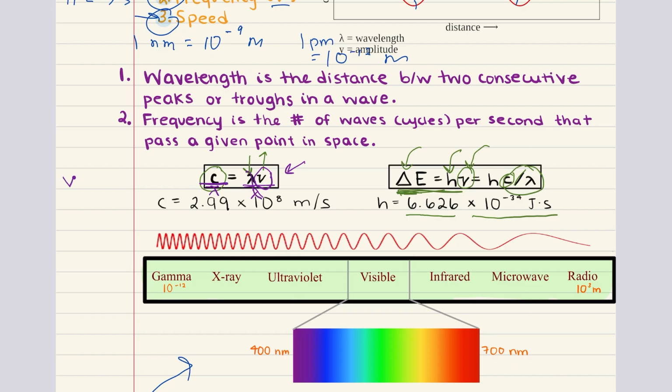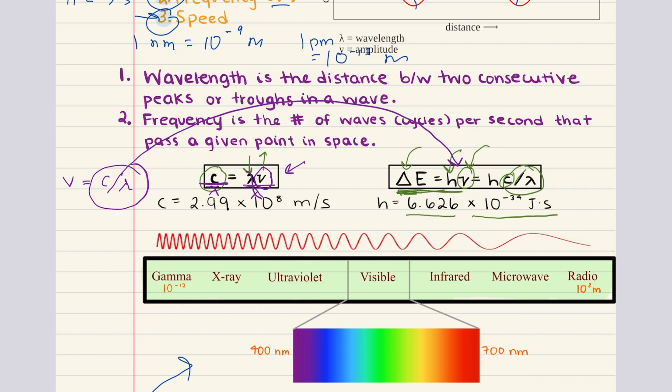This gives us the following equation. Nu, or frequency, is equal to the speed of light divided by wavelength. And we went ahead and took this relationship and plugged it into here for frequency. So now we have two ways of calculating energy. One that depends on frequency information, and the other that depends on wavelength information.